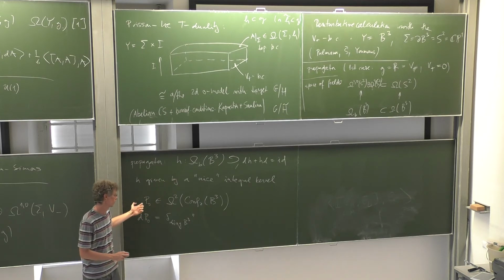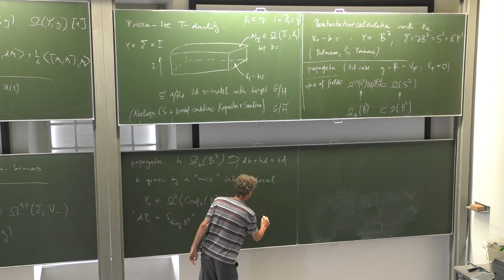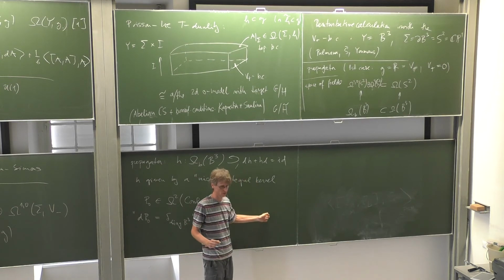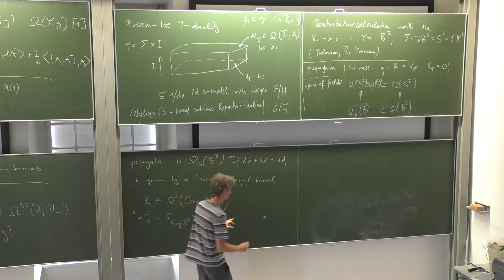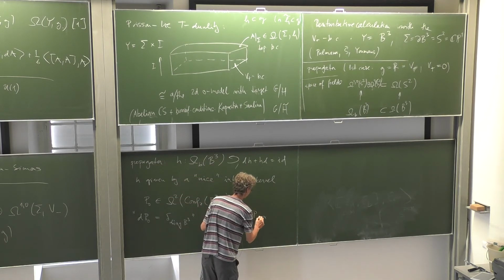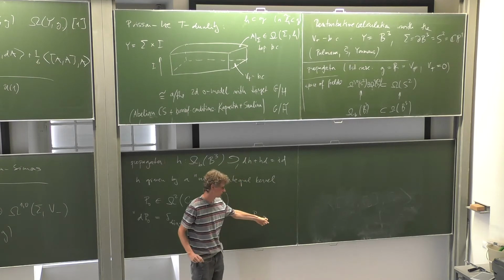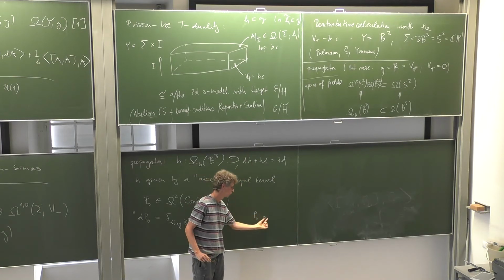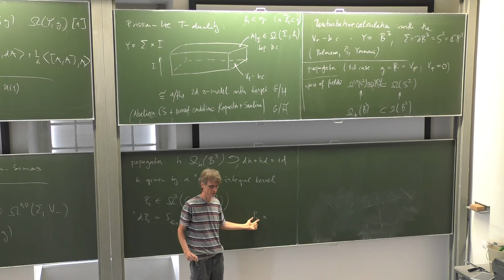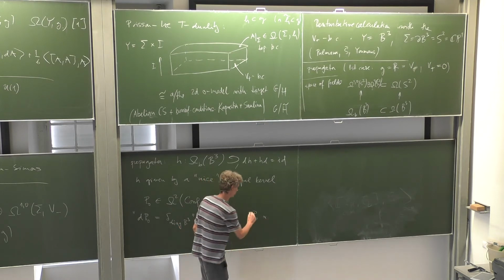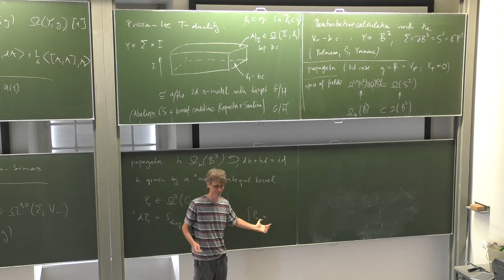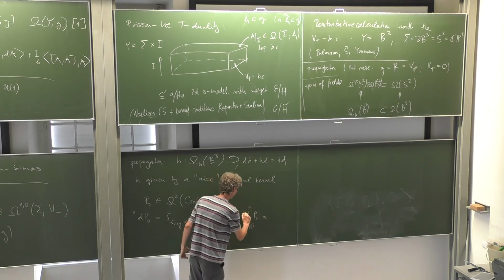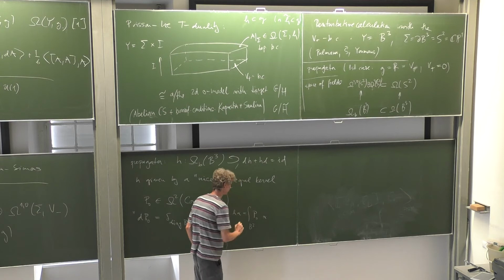So you just take a form on B3, then you multiply it with P0. So it is a form on B3 times B3, and then you integrate over B3, sort of. I hope you understand what I mean.